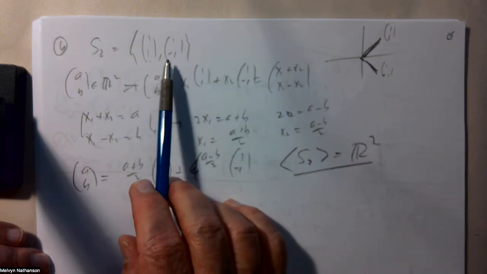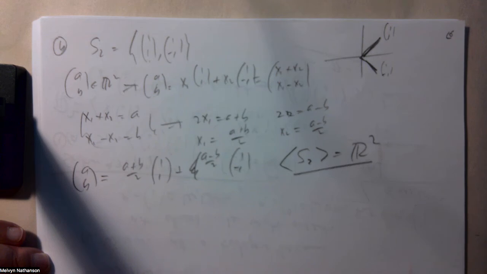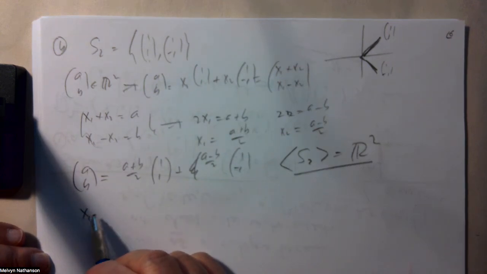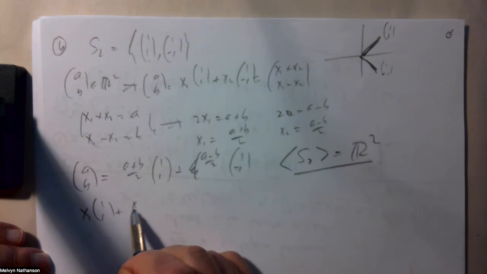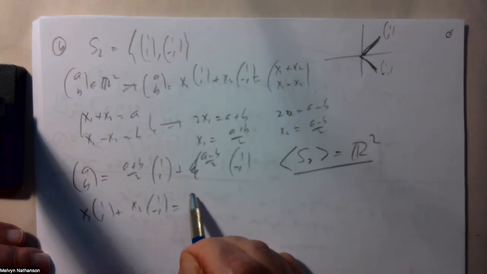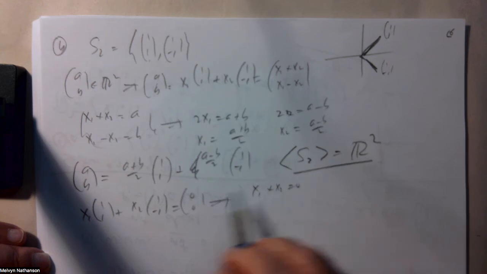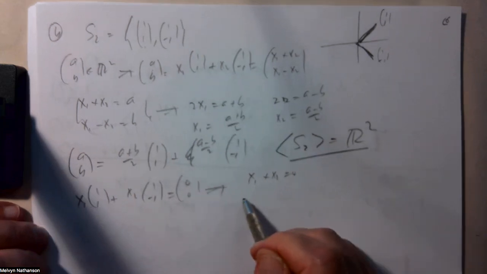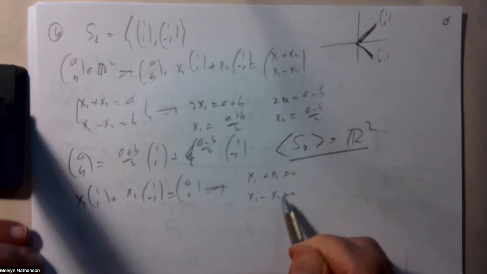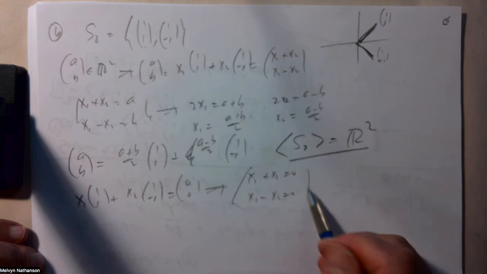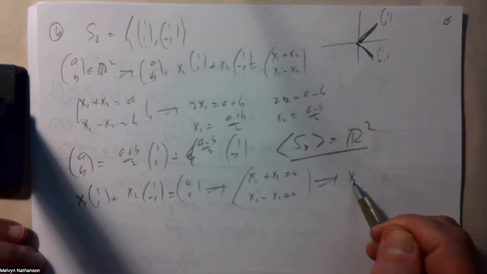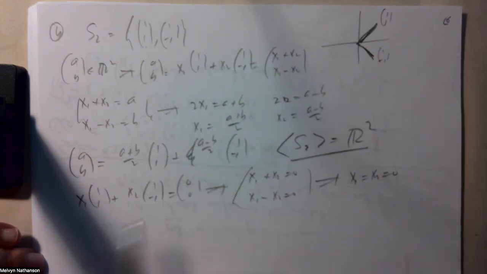And I also claim these two vectors are linearly independent because if x1 times 1, 1 plus x2 times 1, minus 1 is the 0 vector, that means that x1 plus x2 is 0 if you look at the first coordinates. x1 minus x2 is 0 if you look at the second coordinates. And the only solution of these equations is x1 equals x2 equals 0.